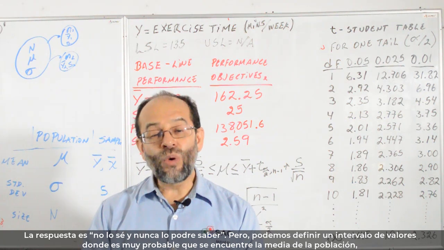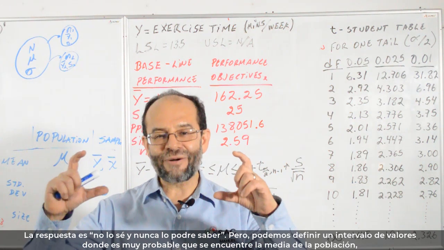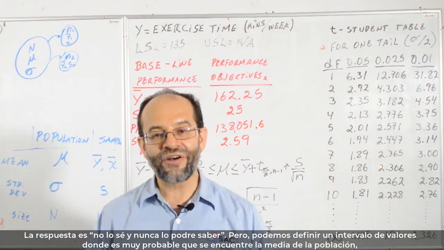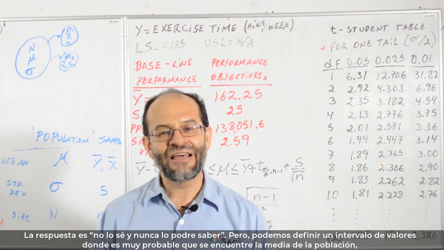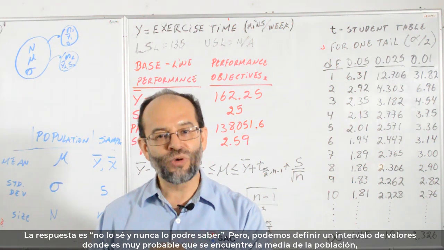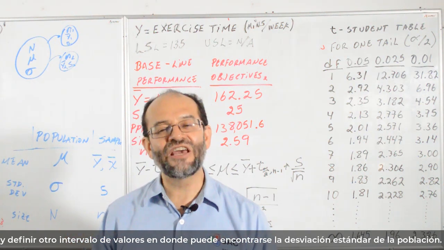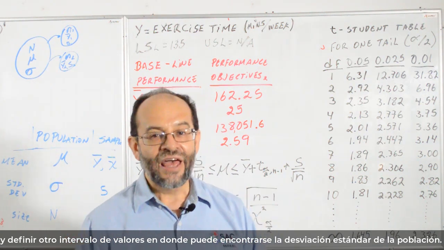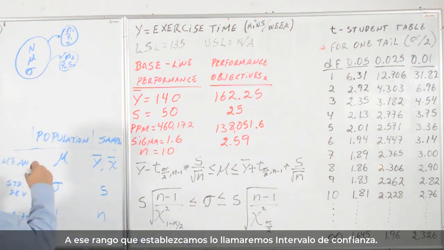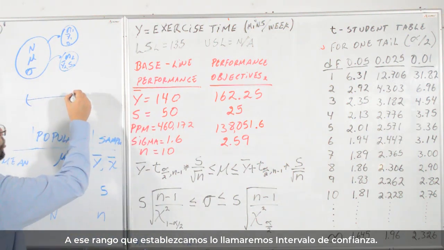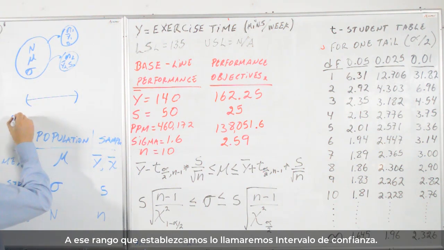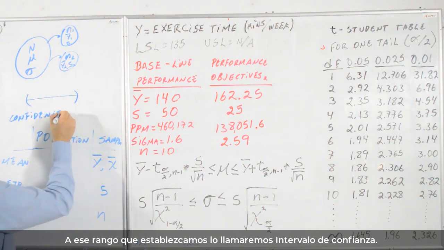But we can define an interval of values where it is very likely that the mean of the population is, and an interval of values where the standard deviation of the population is. The range that we are going to establish, we are going to call a confidence interval.